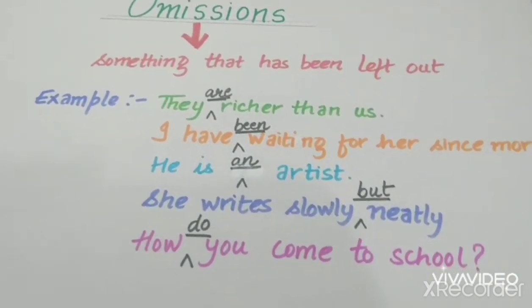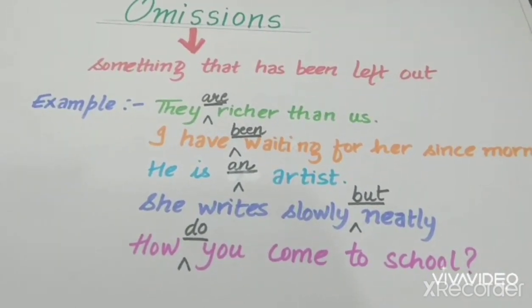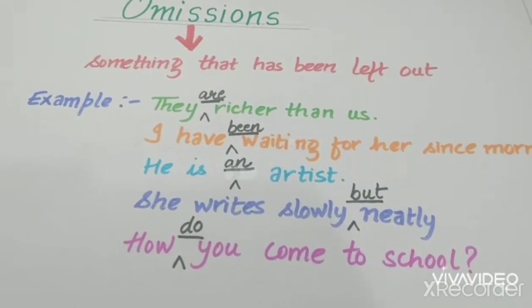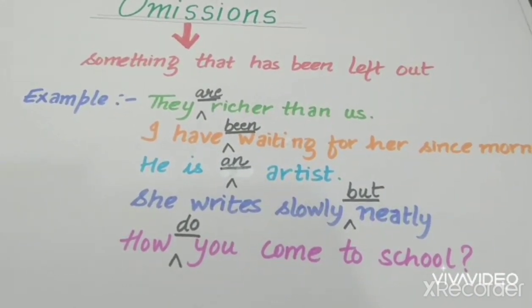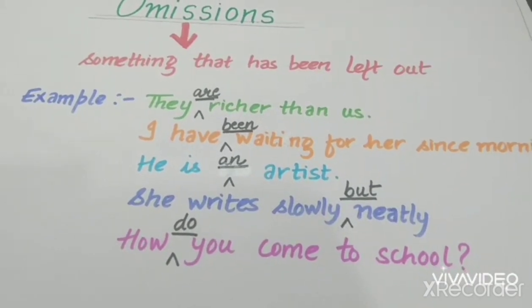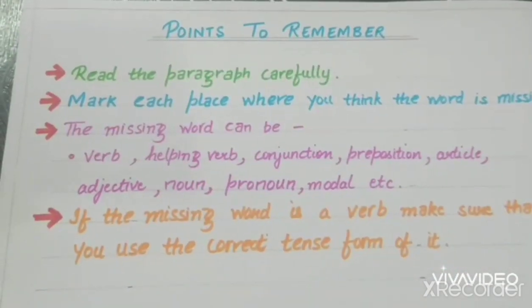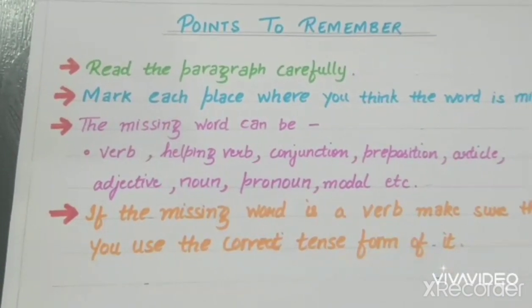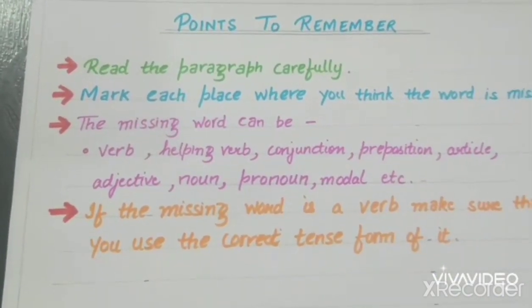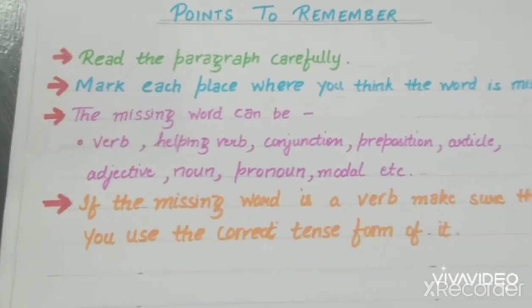So, overall, in omissions, you have to find the place of the missing word and also you have to provide that missing word. While doing omissions, you need to remember these points. Number 1, read the paragraph carefully.